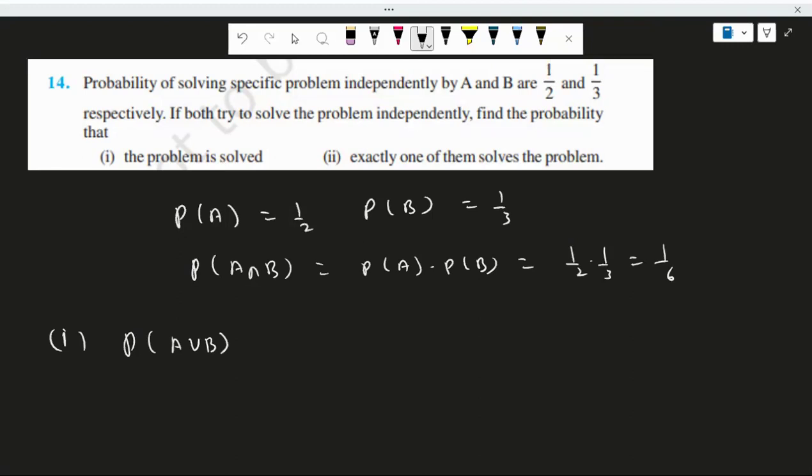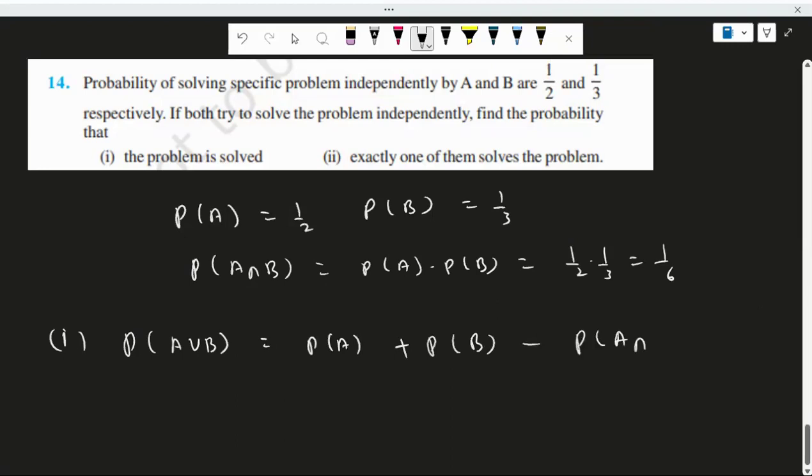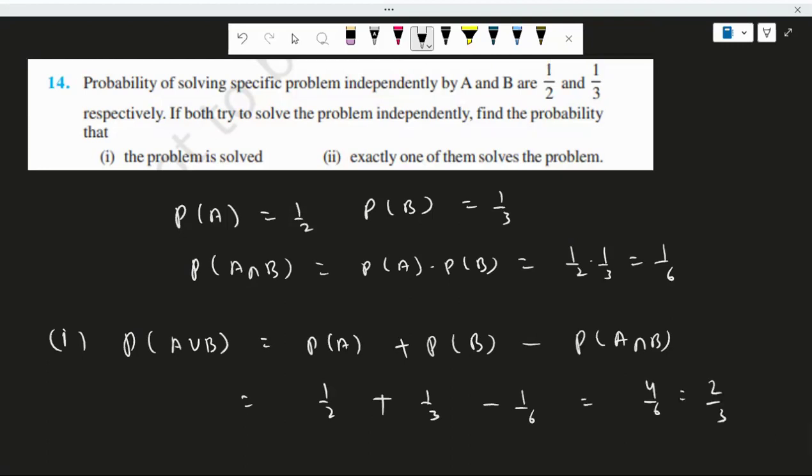So all these 3 cases come under A or B. That is P(A) plus P(B) minus P(A intersection B). So we just plug in the values: 1/2 plus 1/3 minus 1/6. That comes to 4/6, that is 2/3.